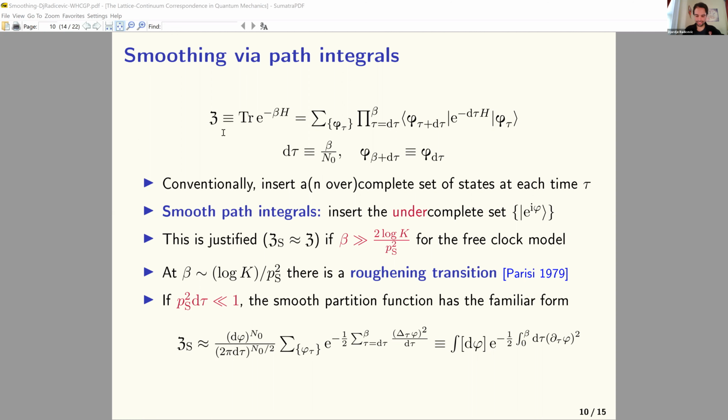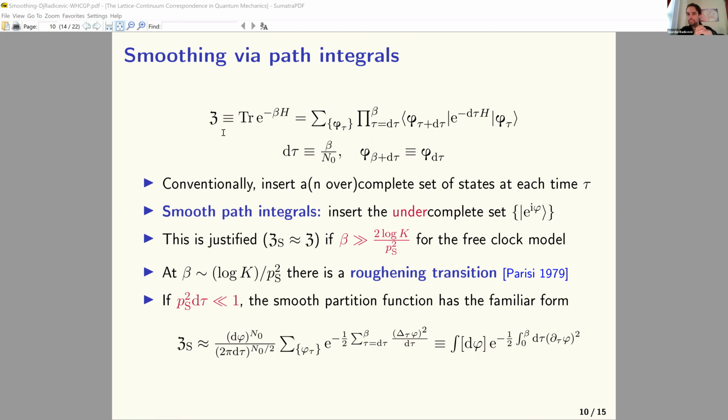It is the definition of a partition function, and then you just expand it by inserting a bunch of decompositions of unity. By doing so, you introduce the small parameter d tau, or a large parameter n0. So that's another knob you get to turn, another thing you have to keep track of.